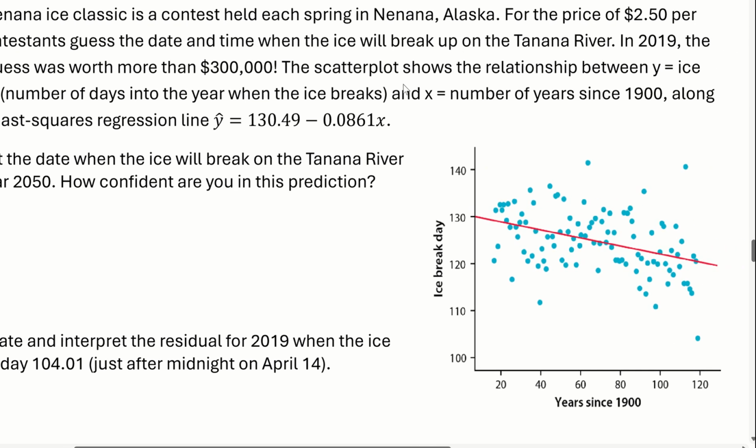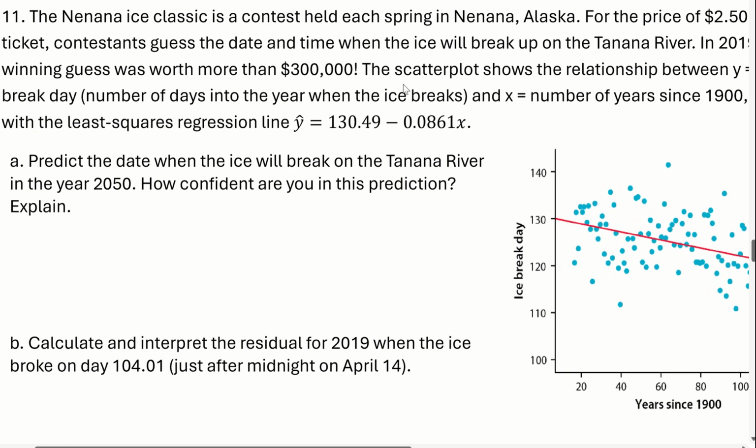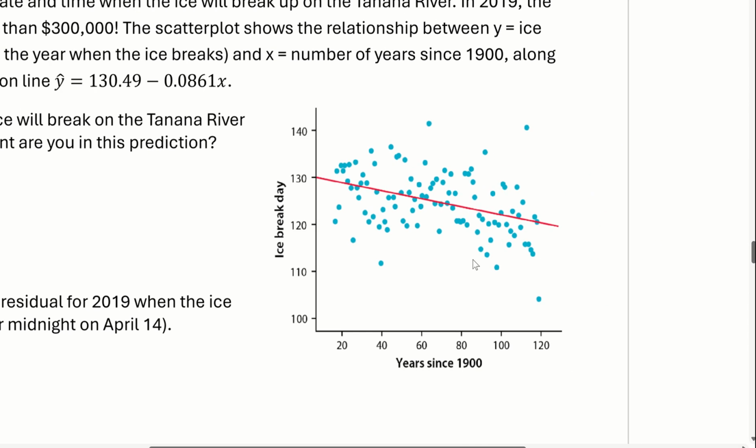The scatter plot shows a relationship between y equals ice break day, number of days into the year when the ice breaks, and x equals the number of years since 1900, with the least squares regression line given here. Predict the date when the ice will break on the Tanana River in the year 2050. How confident are you in this prediction?